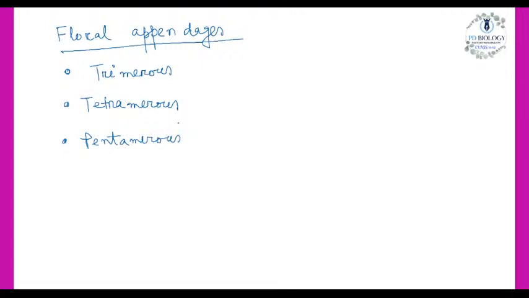Remember this one. Trimerous means floral appendages are multiples of 3. Tetramerous, floral appendages are multiples of 4. And pentamerous, floral appendages are multiples of 5. This chapter is full of terminology. Very important terminologies are there.